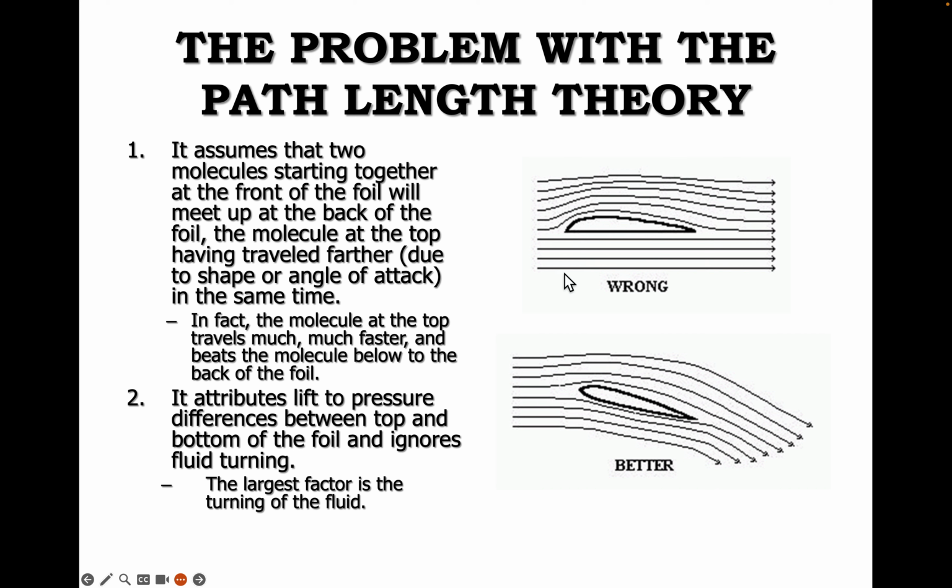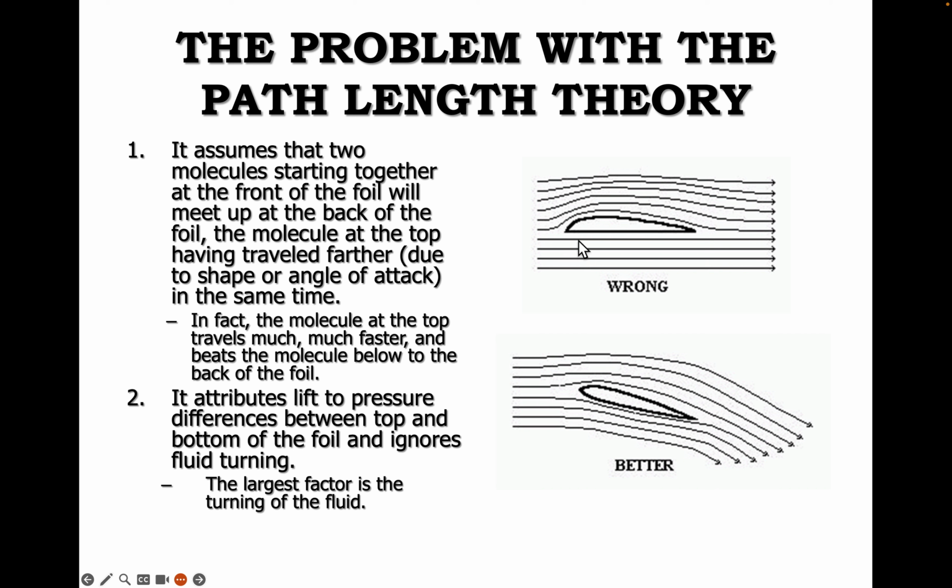Okay, and this diagram up top here exhibits this. The path length theory states that two molecules start together at the front of the foil. One of these molecules will go over the top and one will go around the bottom. This path length theory incorrectly assumes that they'll meet up at the back of the foil.